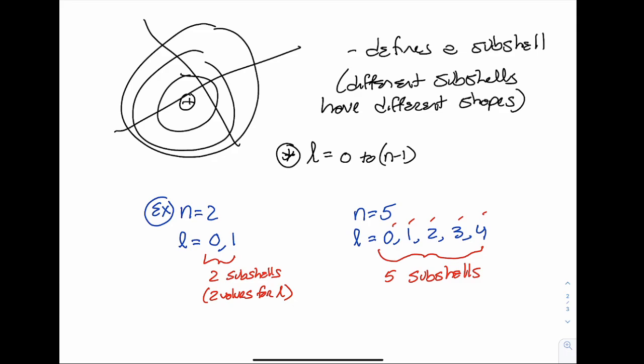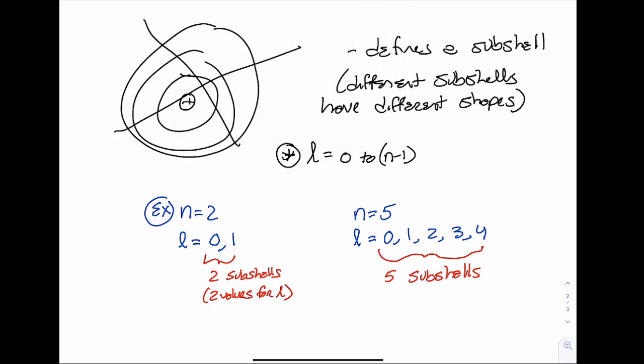There's 5 different shaped orbitals, not necessarily 5 orbitals, we still have another quantum number to cover, but 5 different shaped orbitals in the fifth shell. If n was equal to 11, if I'm in the 11th shell, then l is equal to 0, 1, 2, 3, 4, 5, 6, 7, 8, 9, and 10, everything from 0 to n minus 1.